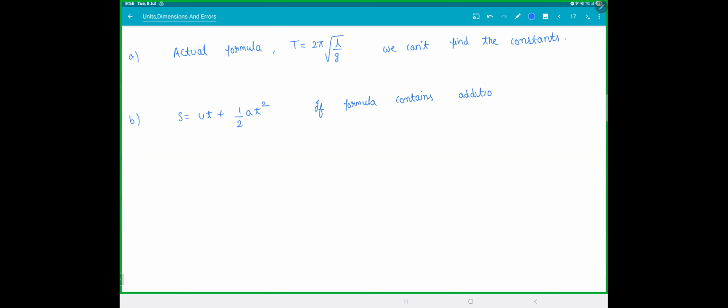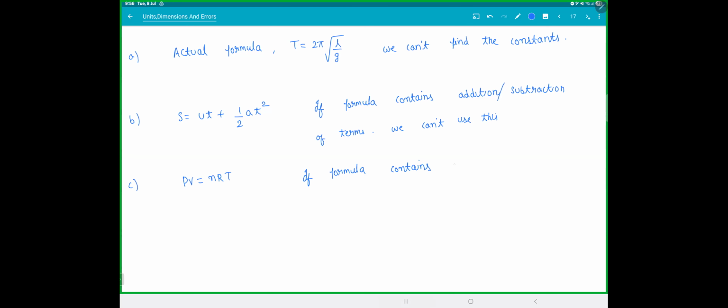So the formula contains multiple terms. This is gone, addition or subtraction of terms. We can't use this. Third, if you have PV is equal to nRT, now look at this quantity, it has 5 dimensions. For 3 dimensions, it is fine.